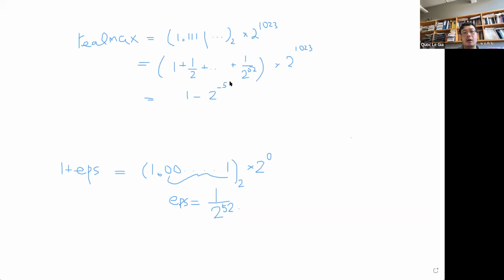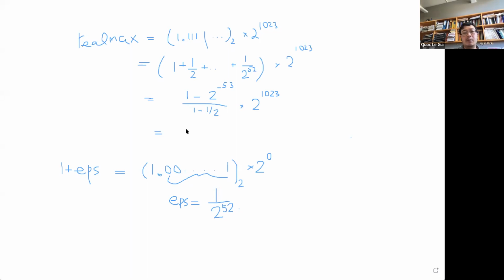And then you divide it by 1 minus 1/2, right? And multiply by 2 to 1023. So this one is just a geometric series. And now 1 minus 1/2 is 1/2.